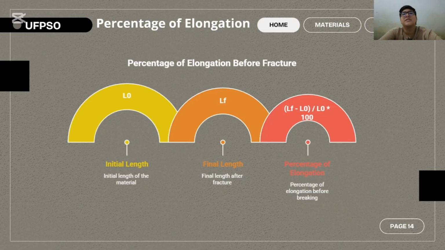If the percentage of elongation is less than 5%, the material is brittle, and if it is greater than 5%, it is ductile. This value indicates how much the material elongates before breaking.